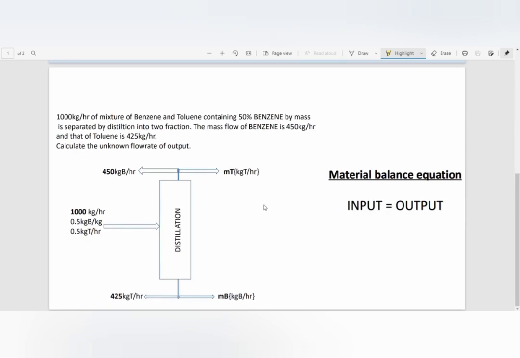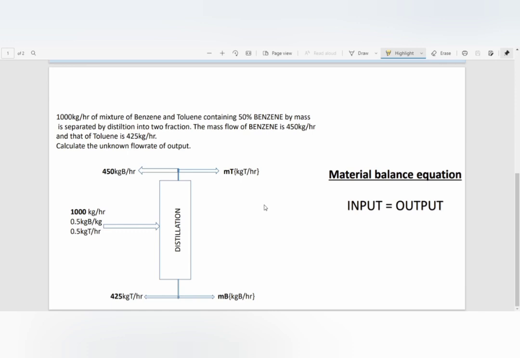There is no mention of pressure or temperature, so we will consider this a steady state process. We just use the steady state material balance equation, supposing that it is a steady state system.